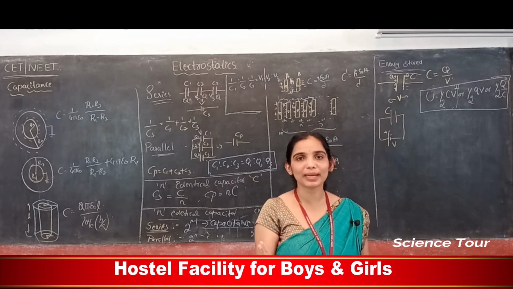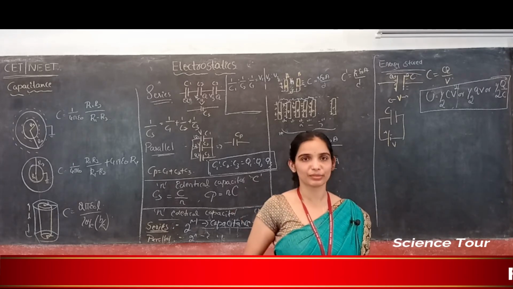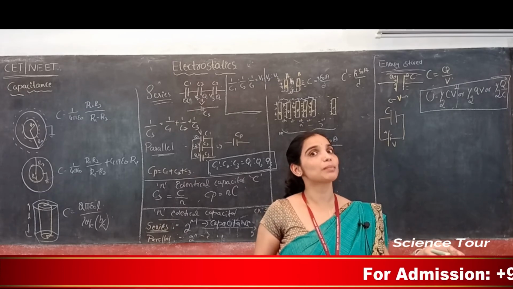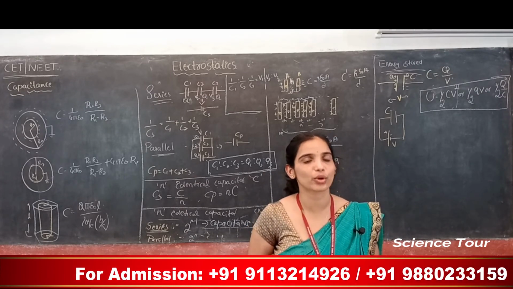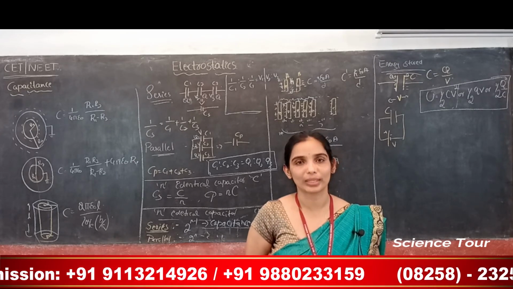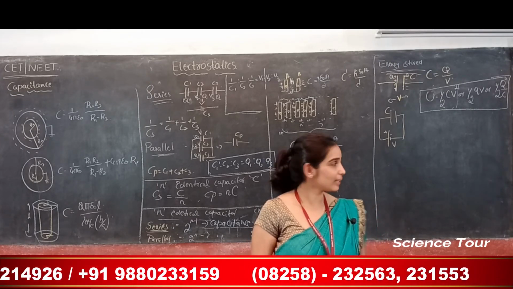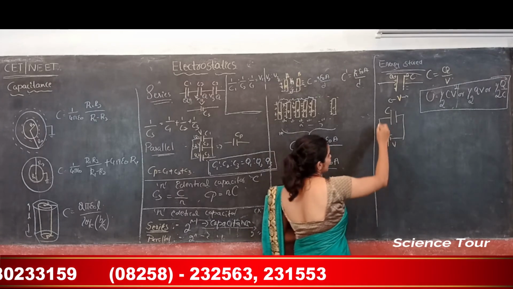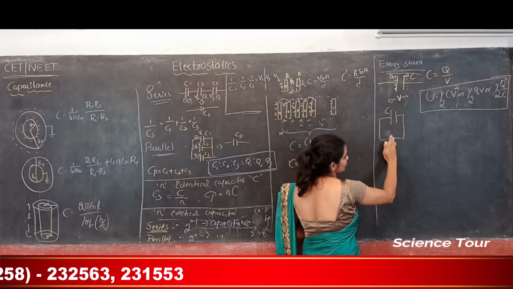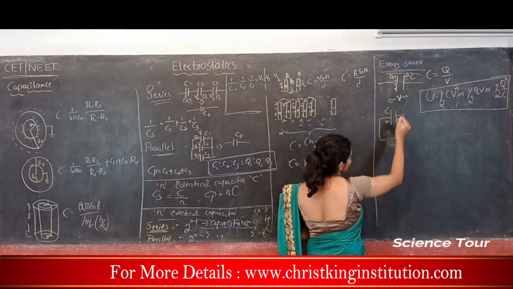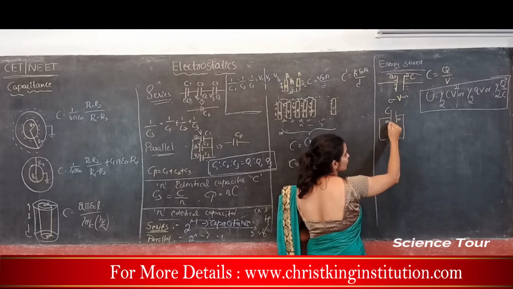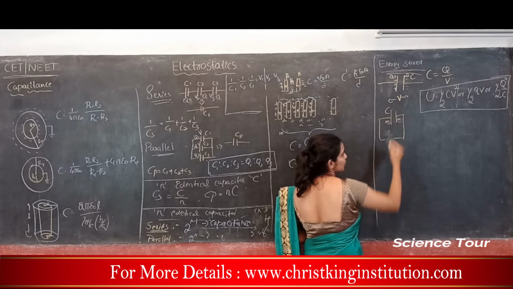Once one plate becomes completely electron deficient, the other plate becomes completely in excess of electrons, that is called totally charged. Let's say before charging there are 10 electrons here, 10 electrons here. So when you have 10 electrons, there will be 10 protons, here also 10 protons.